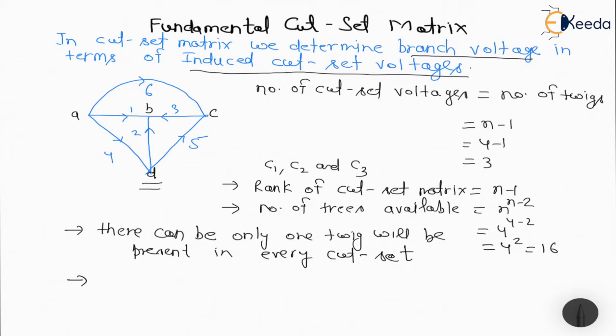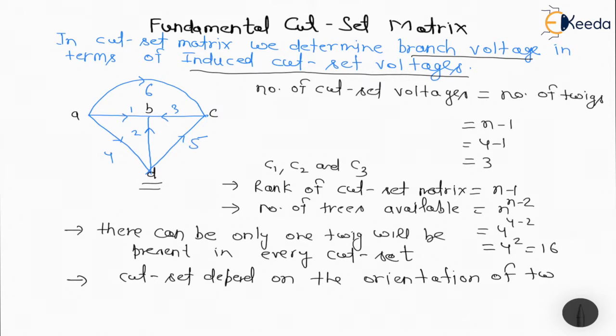And another point is that the cut set depends on the orientation of the twig. I am going to discuss in detail what I have written in the last line with the help of one tree.